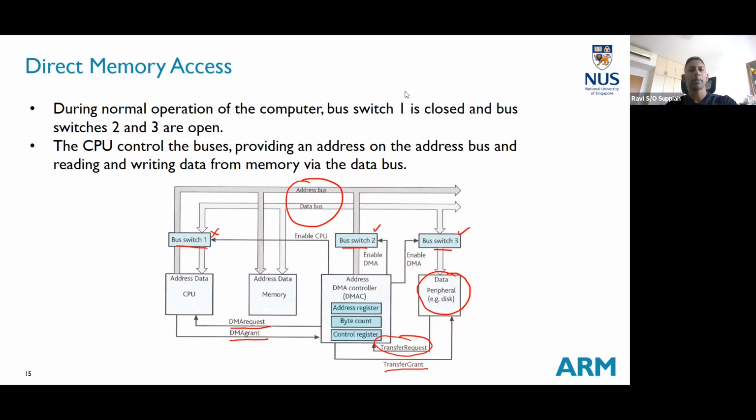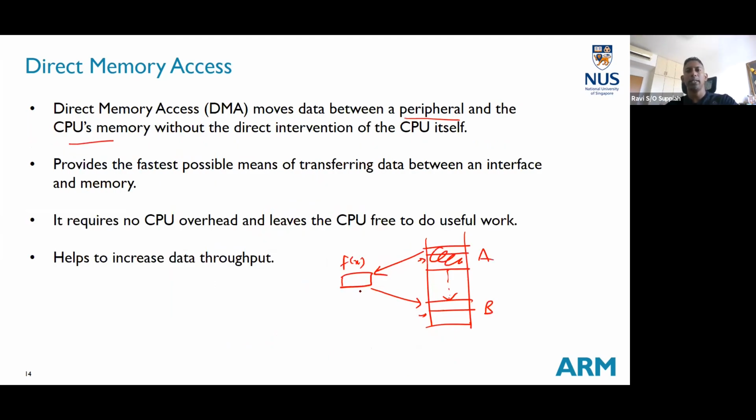Basically, it will make sure that the CPU does not interfere now with the address and data bus, and the DMA and the peripheral are the ones that are controlling the bus. That allows you the fastest possible way of moving data around, because you no longer have to do this fetching and writing, fetching and writing and so on.